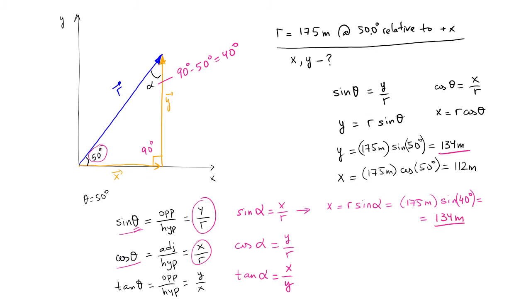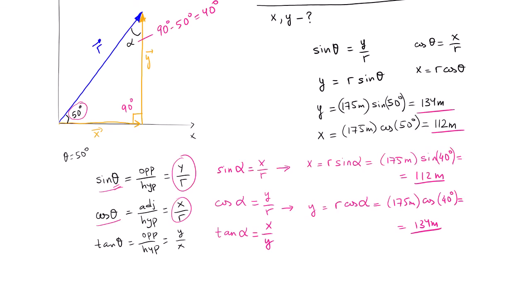The same as we got, oops, it's not the same. Actually, I miscalculated. This is 112. Same as x. Now, same thing we can do for the y, that equals r cosine alpha, which is 175 meters cosine 40 degrees, and that will give us 134 meters, which is the same as we found for theta.